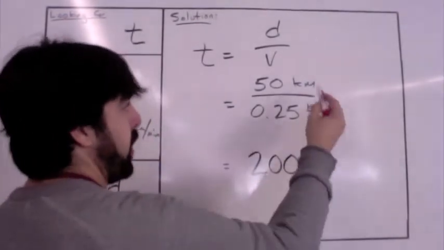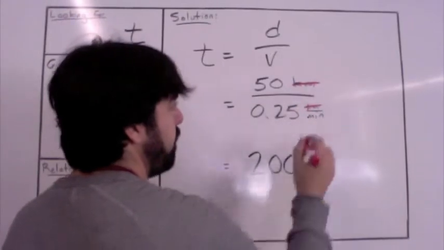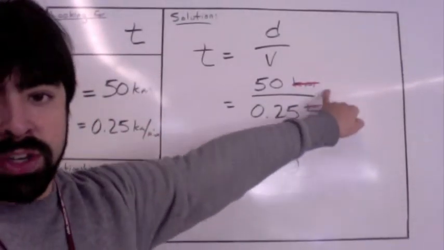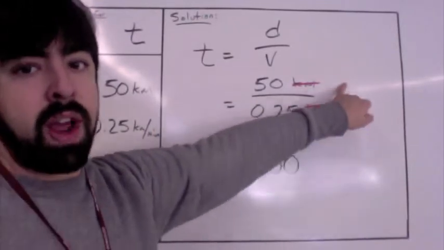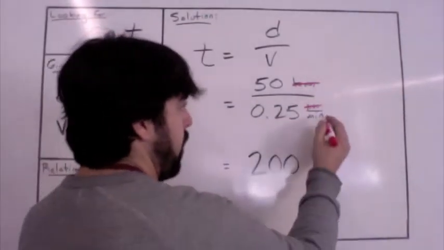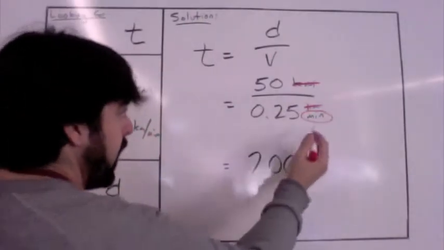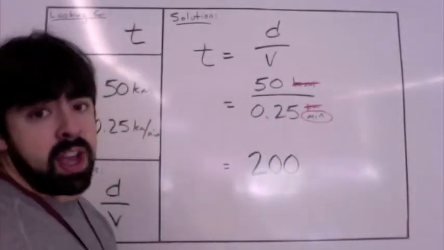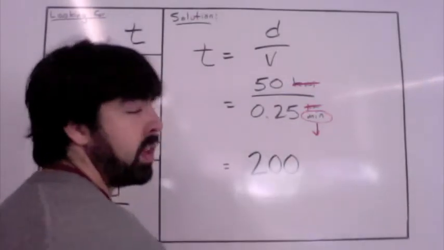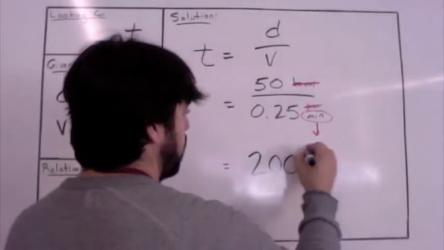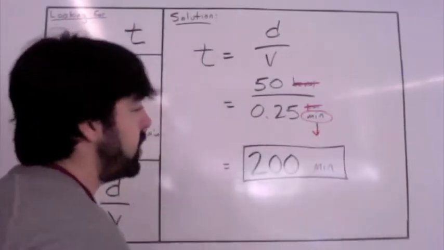And notice we have kilometers here and here. There is a math function that says if there's a fraction under a fraction, these units are allowed to travel to the top. But anyway, if you just recognize that there's 2 kilometers for now, and know that minutes is a unit of time, then you're in business. Takes the cyclist about 200 minutes.